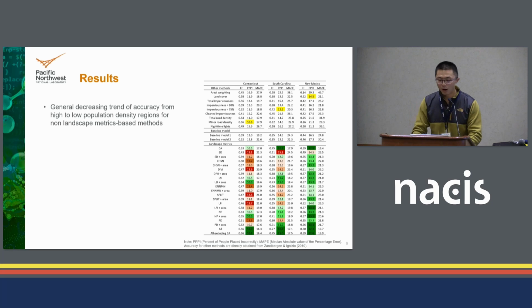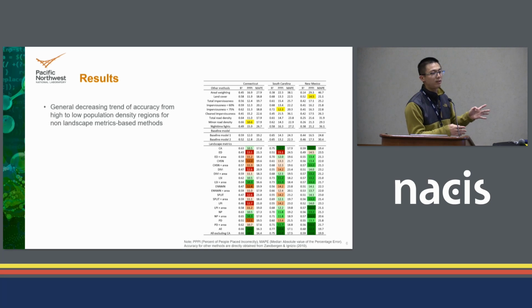Our research result found that the other ancillary dataset methods show a general decreasing trend of accuracy as we move from high population density regions to low population density regions. Remember, the left is Connecticut and the right is New Mexico.